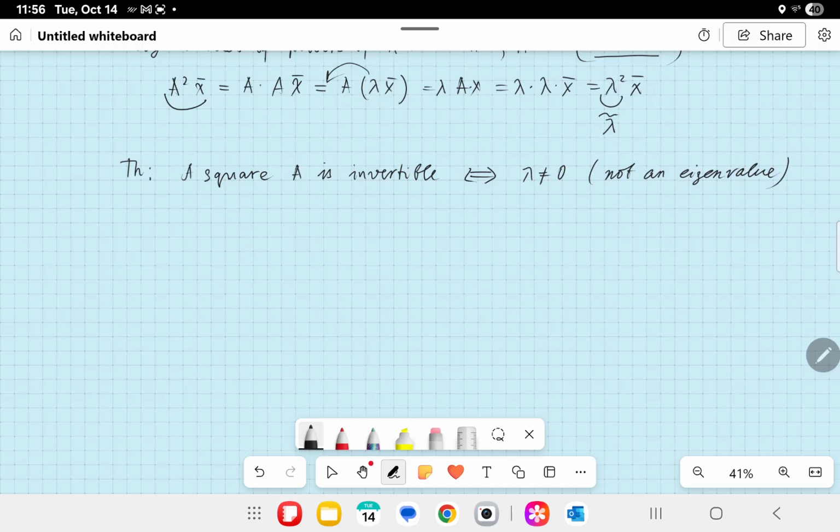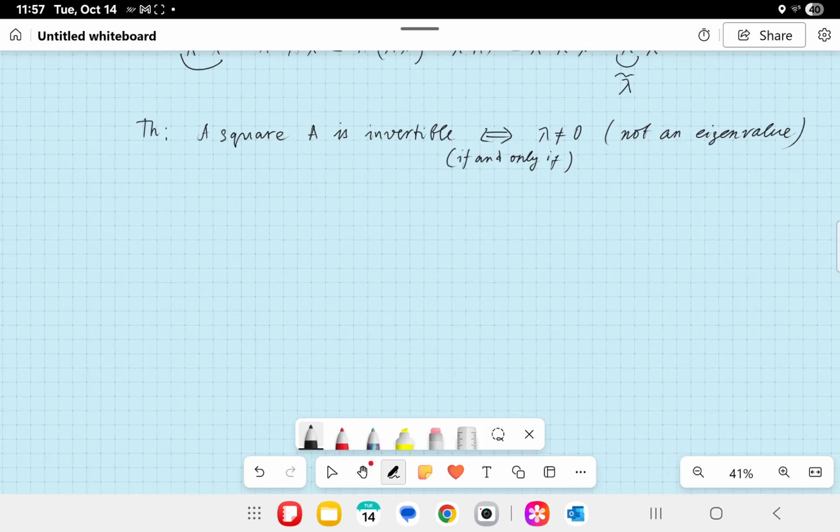And I'm going to put here "if and only if," so that's how we pronounce this two-directions arrow. So a matrix is invertible if and only if lambda equals 0 is not an eigenvalue.